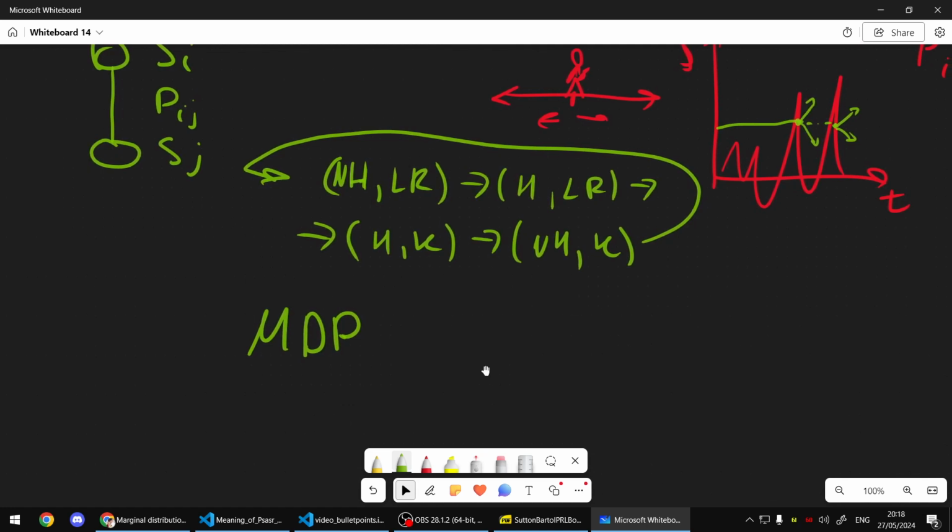So in a Markov decision process, we get a new set of toys. That means we have again S and P variables, and then we have A and R. A is for actions and R for rewards.